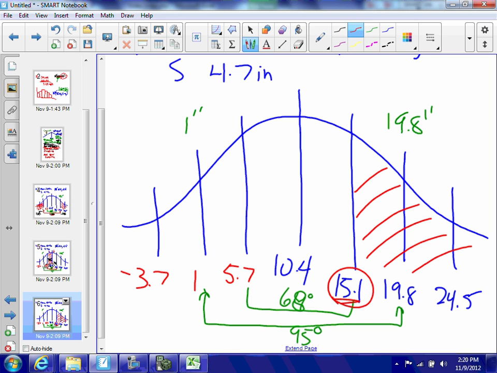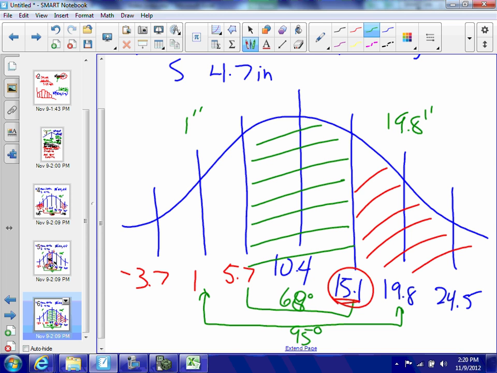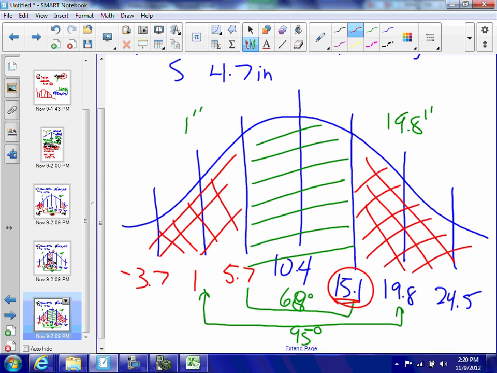And we know that this section right here, between -1 standard deviations and +1 standard deviations, takes up 68%, which tells me that the sides here that I was looking at in red over here, plus the lower side over here, is going to be our 100% minus the 68% that's in the middle.